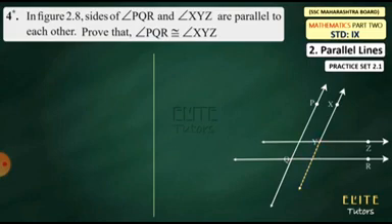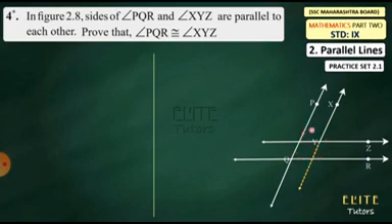So if the new angle is congruent to both angle Q and Y, then angle Q and Y are also congruent by corresponding angles.